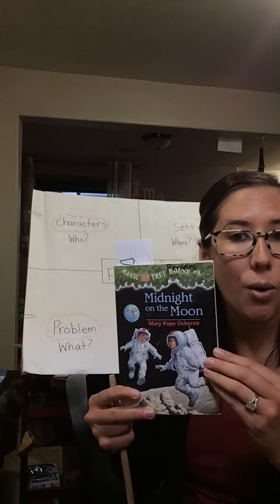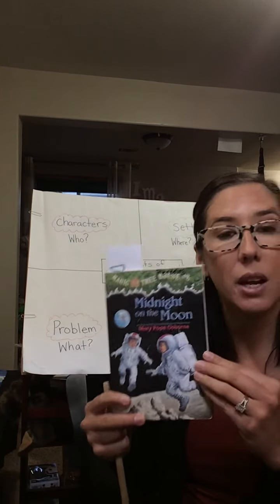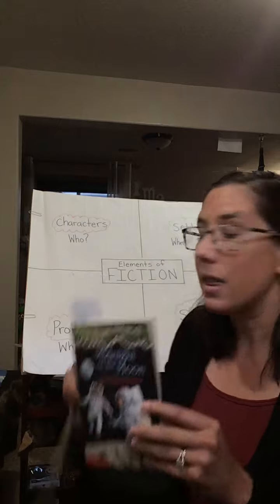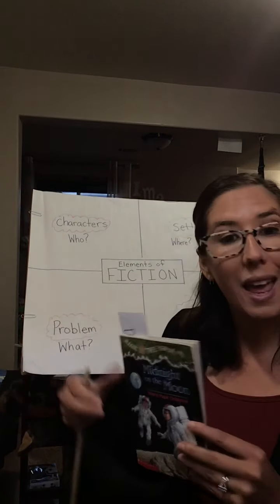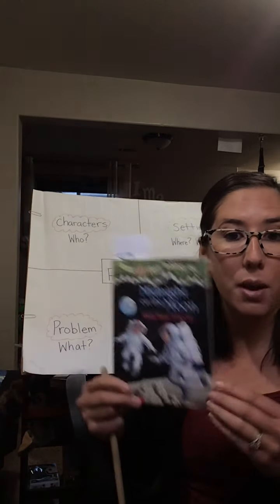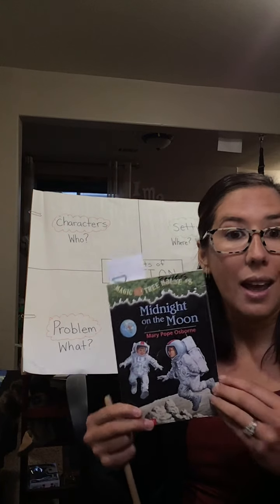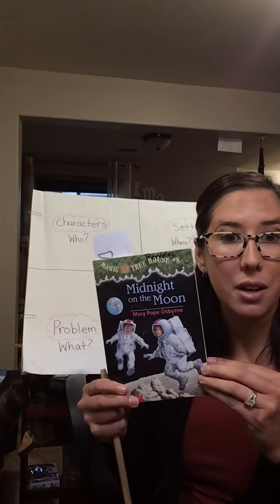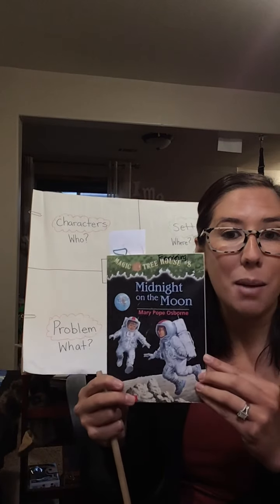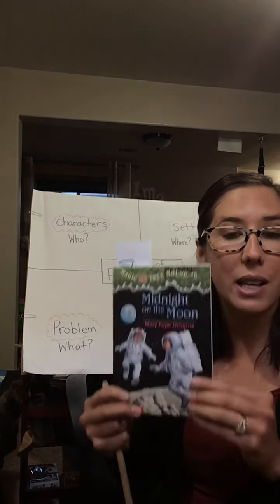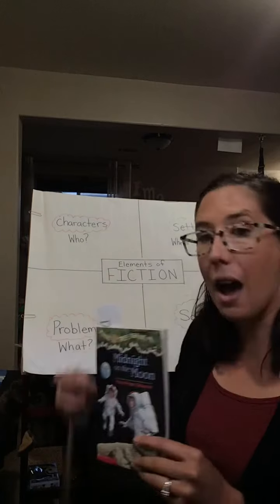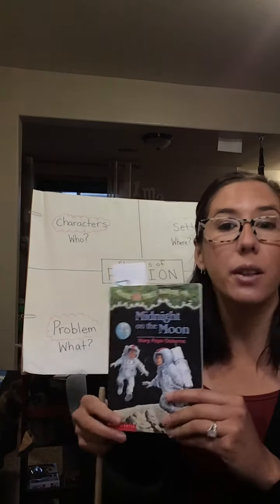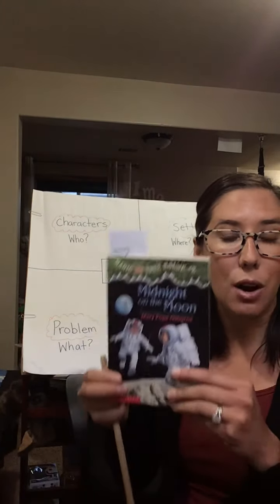They don't know what the M things are, but they know they have to find them. That is their problem. And they also have to get back to Frog Creek Wood. So that is their problem. What is going to happen in their book? What are they going to do to solve this problem?